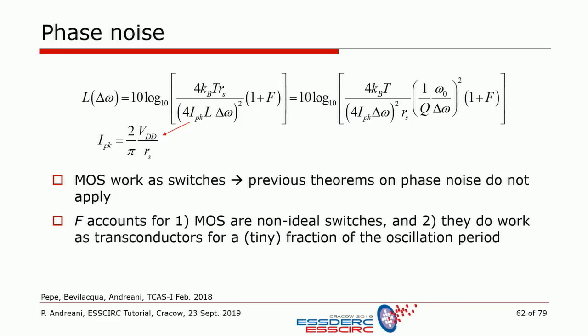And F here, this extra noise factor, is accounting for the fact that the MOS are non-ideal switches, as I said, and also that they do work for a very tiny bit of time as transconductors when they are both on.